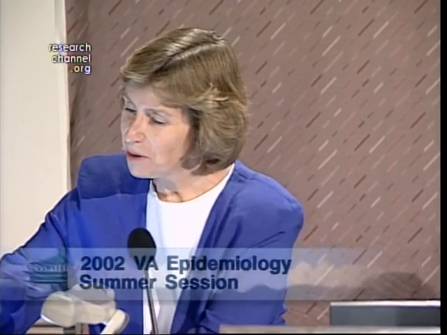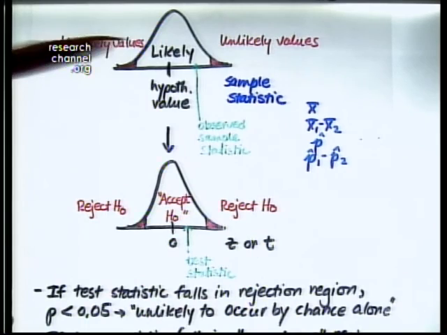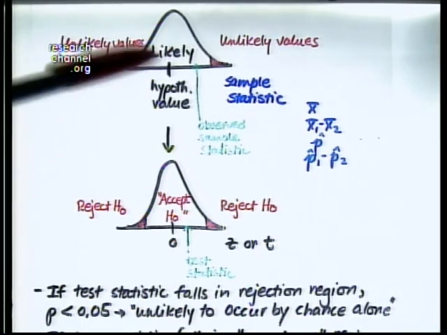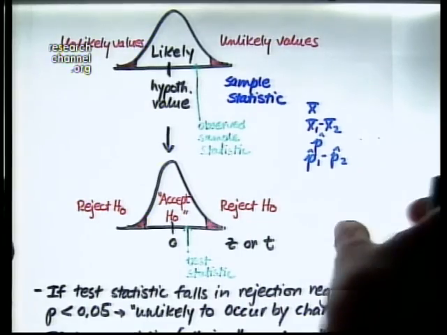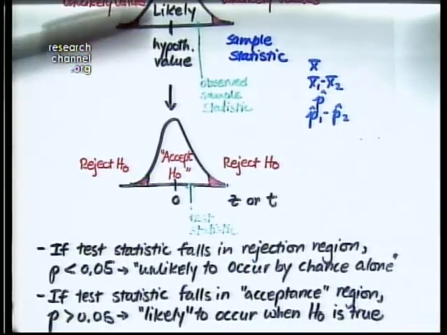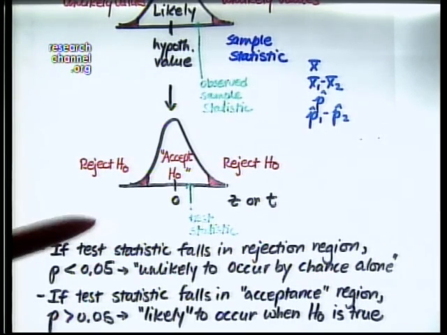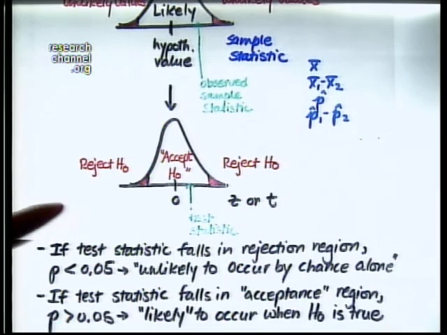So what we would like to be able to do, though, is calculate these probabilities. How likely is it? Does this observed sample statistic have a high probability or a low probability? So we always then can transform the distribution for this sample statistic to a z or a t. And we know that those, the standard normal distribution or the t distributions, are tabled.